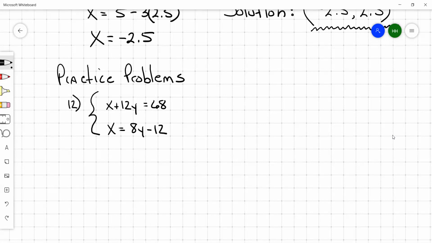All right, we're going to call this one number 15. x plus 6y equals 2, and 5x plus 4y equals 36.